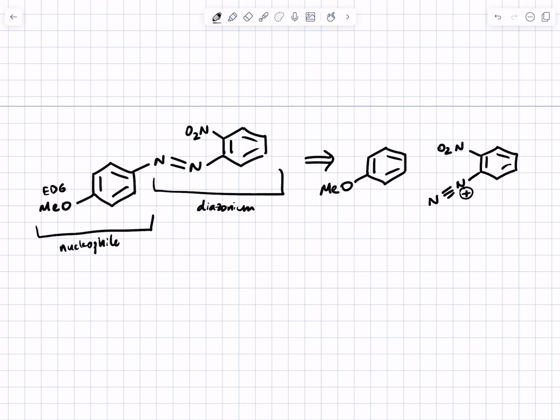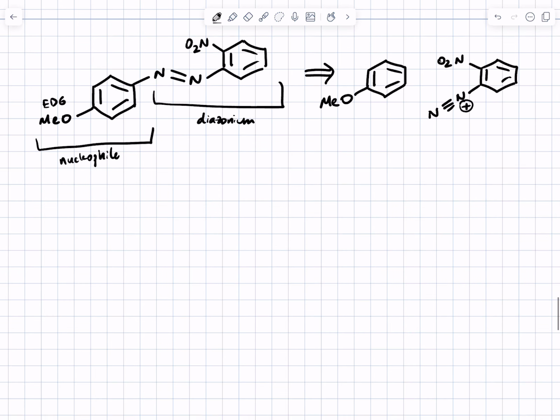So now that you've done that, you now have two different synthesis problems, which have become simpler and easier to get to. We'll start with the methoxy group. How am I going to get that methoxy group on a benzene ring? And I should have told you, your starting material is going to be benzene.